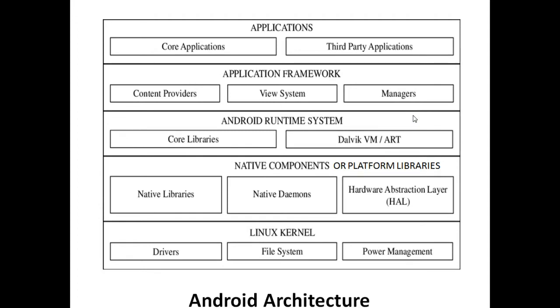It has five different layers, which are applications, application framework, Android runtime system, native components or platform libraries, and Linux kernel. We are going through each and every layer from top to bottom. I'll explain one by one.